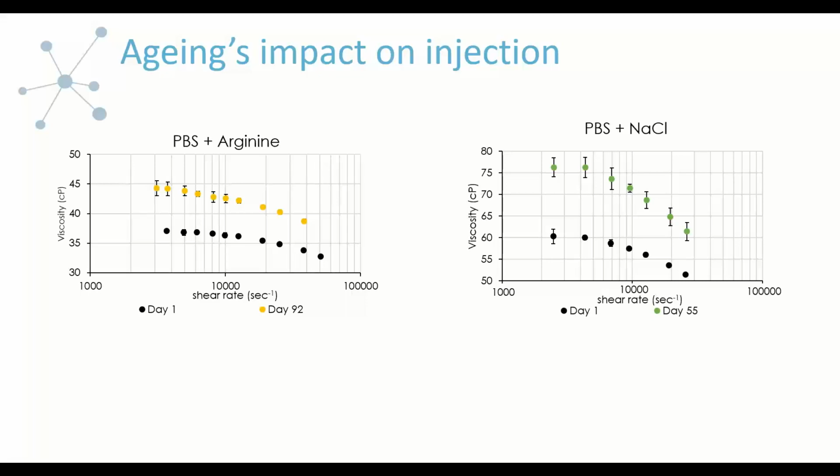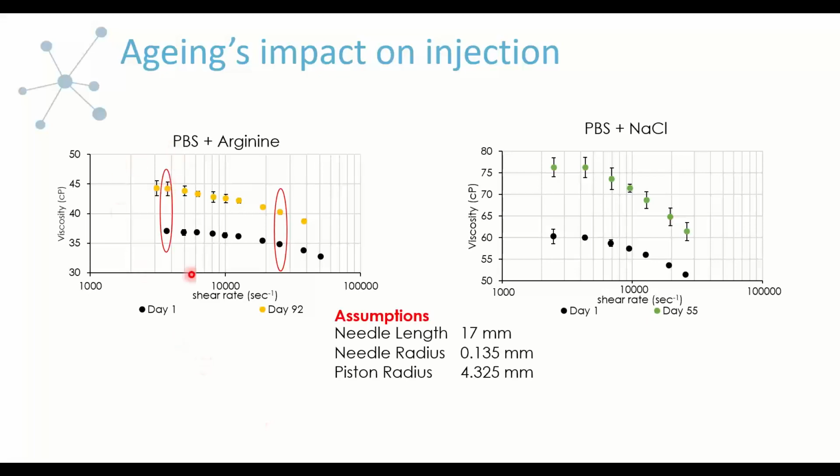So here we examined the two most extreme cases, PBS arginine and PBS sodium chloride. And we looked at them at day 1 and day 92 in the case of PBS arginine, and day 1 and day 55 in the case of PBS sodium chloride. And we calculated the injection forces at these shear rates here.